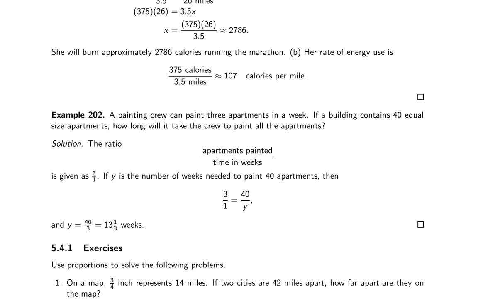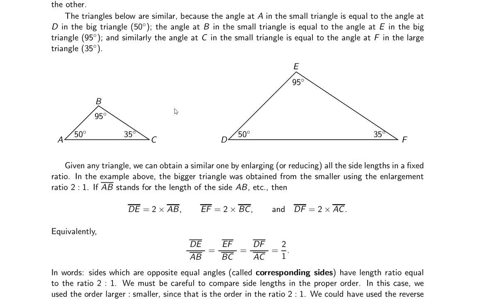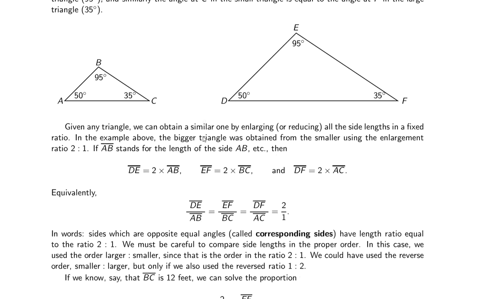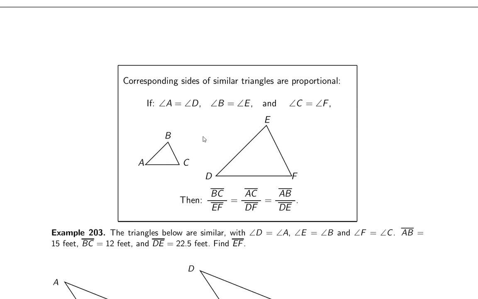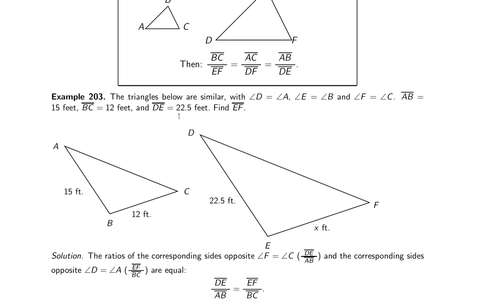Okay, one more example from the book. Here's another example of two similar triangles. The angles are the same, so these triangles are similar. And here's the same rule. Corresponding sides of similar triangles are proportional. Okay, let's look at this one. So these two similar triangles.